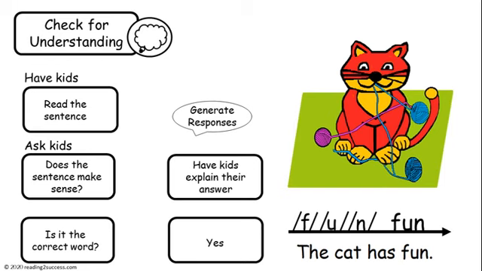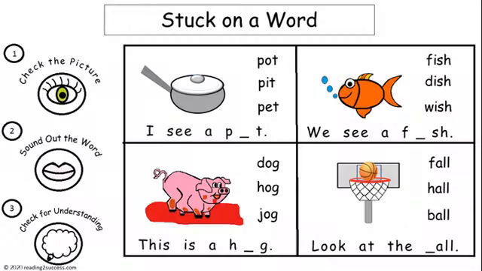To check for understanding, have kids read the sentence, then ask kids, does the sentence make sense? Have kids explain their answer, then ask, is it the correct word? And you should hear yes. Stuck on a Word is a great practice page to practice the 3 strategies with your kids.